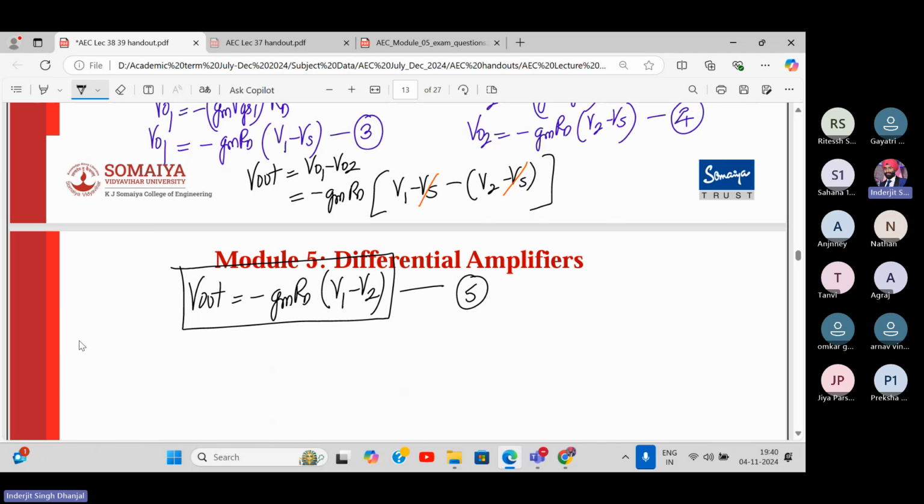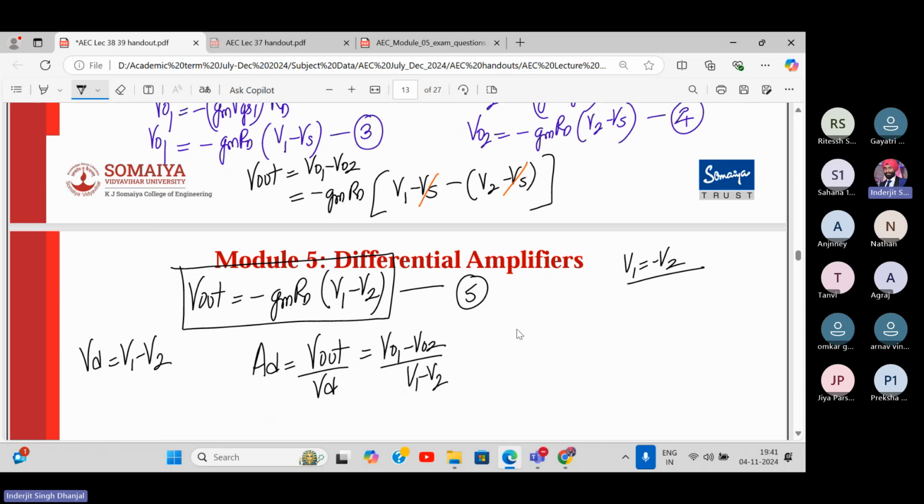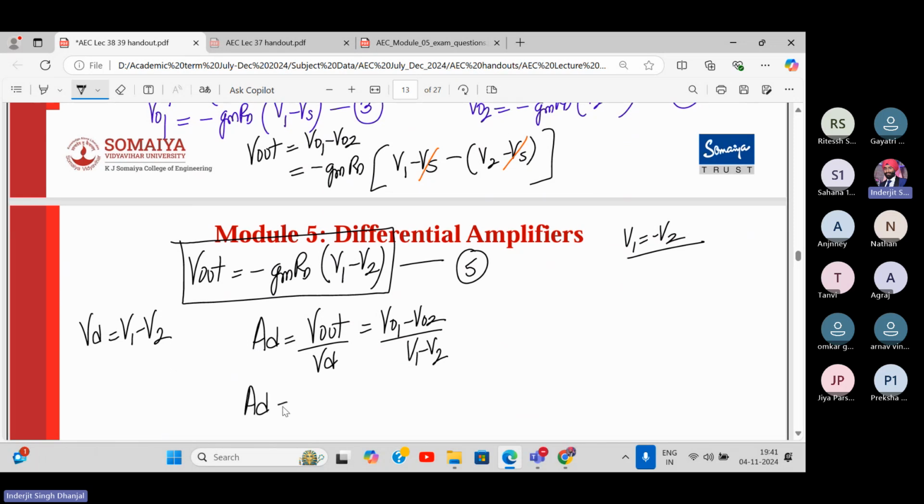Now what is differential mode input signal VD given by? V1 minus V2. We have said now V1 is equal to minus V2. So here VD, the differential mode signal, is V1 minus V2. And what is my output? What is my AD given by basically? Vout upon VD, where Vout is VO1 minus VO2, upon V1 minus V2. Now tell me what it is. AD is now minus GmRD. Yes or no? Because Vout is nothing but VO1 minus VO2, divided by this.